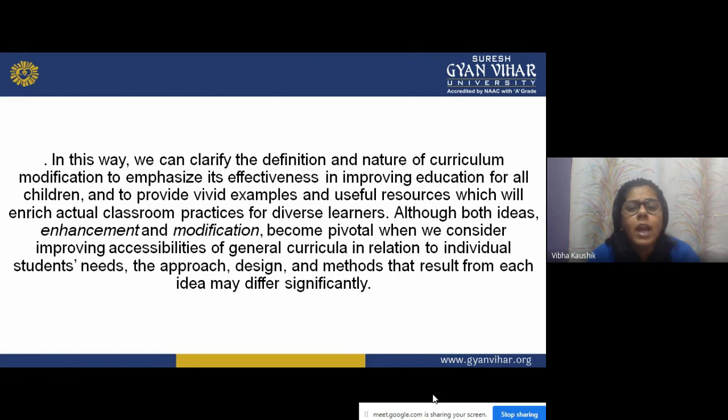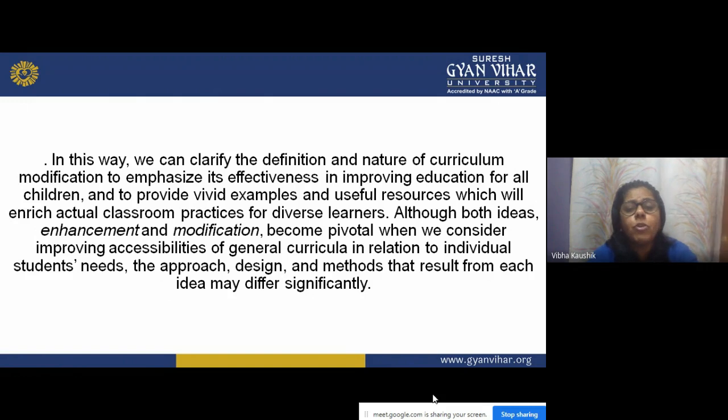In this way, we can clarify the definition and nature of curriculum modification to emphasize its effectiveness, giving importance to how it can be improved and how it can be made an effective curriculum.